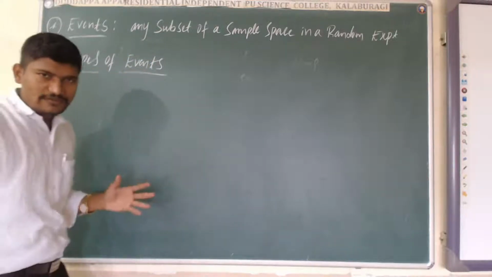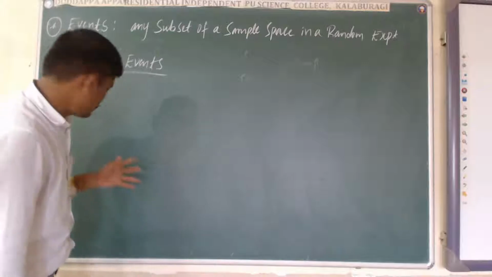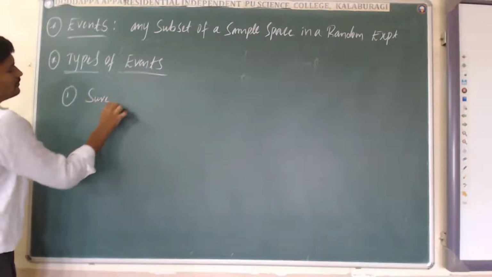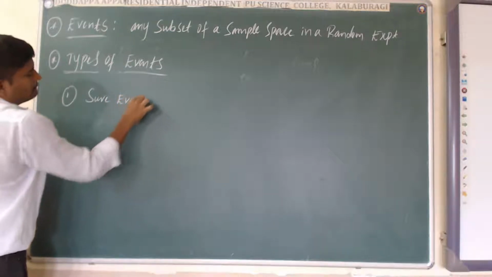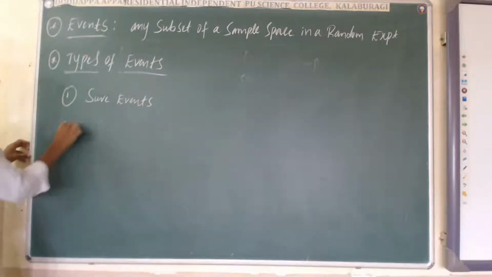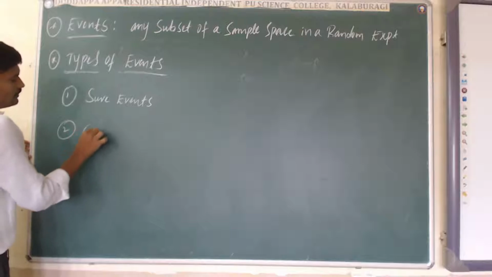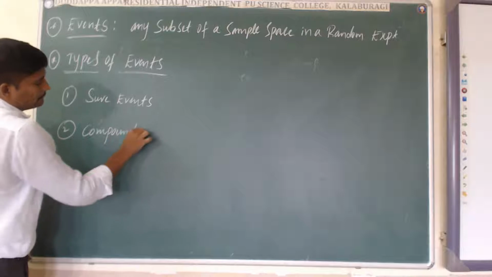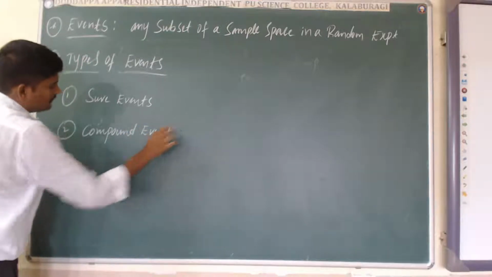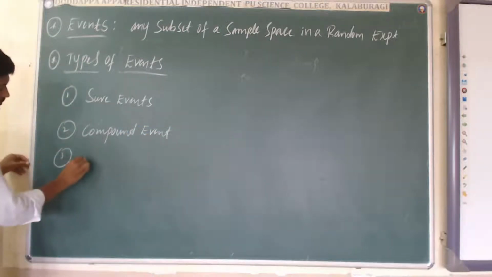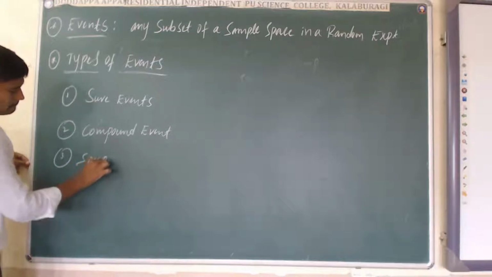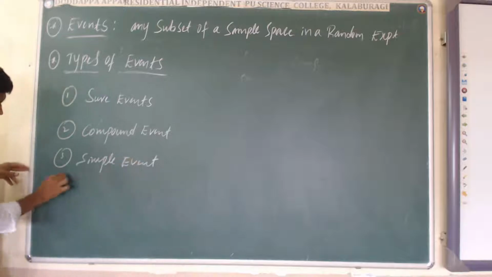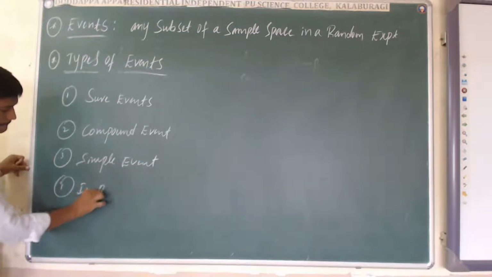So in the types of events, dear students, first of all we must see: the first one is a sure event, the second one is compound event, the third one is simple event, and the fourth one is impossible event.